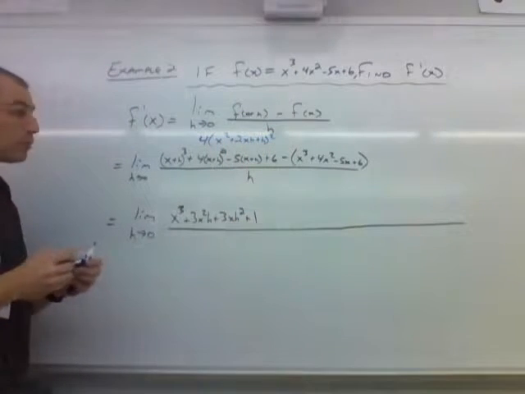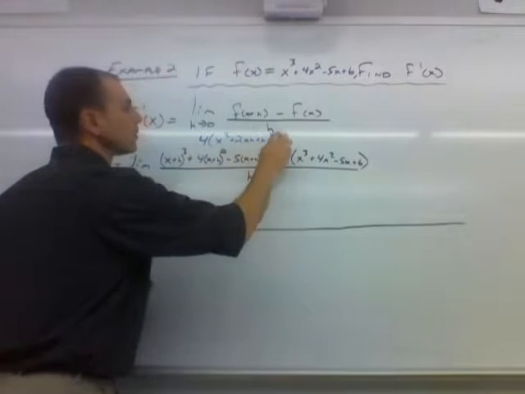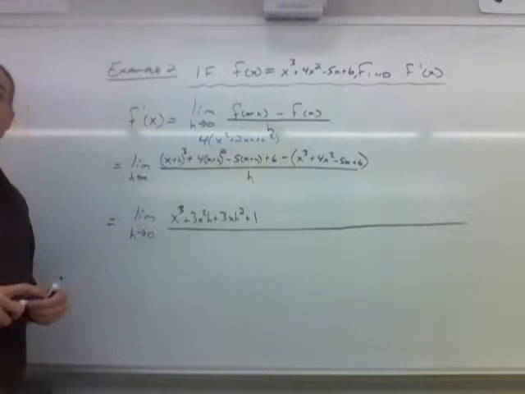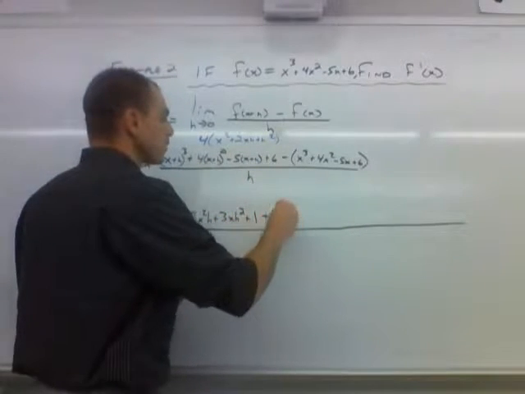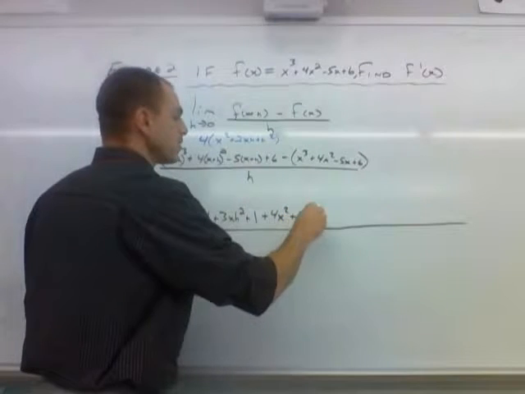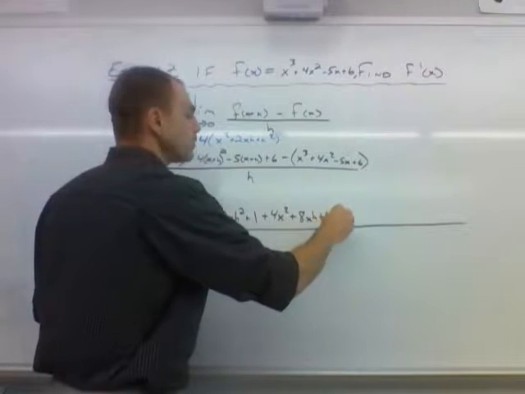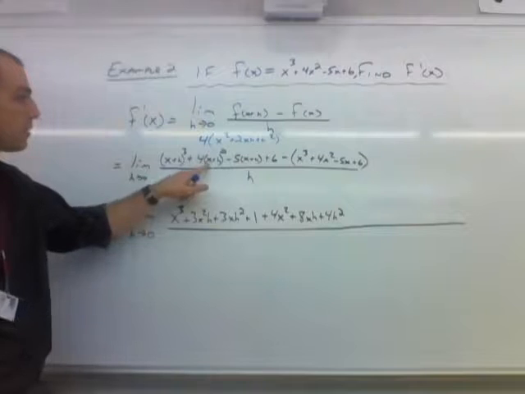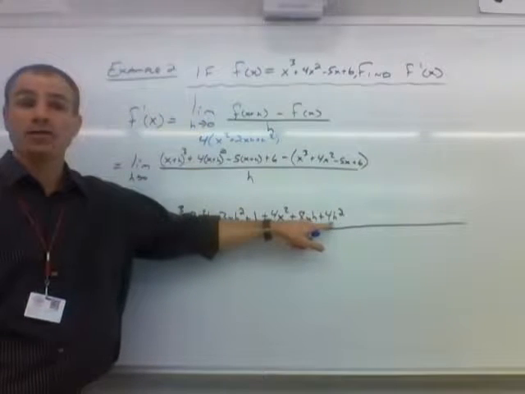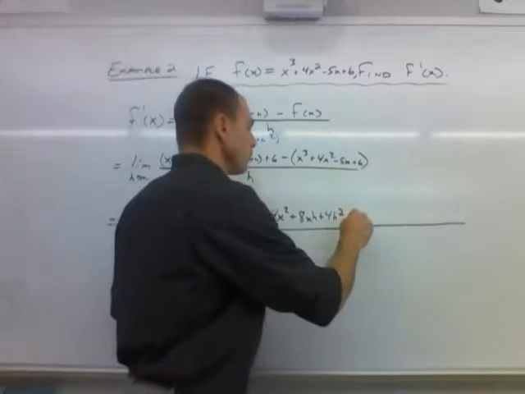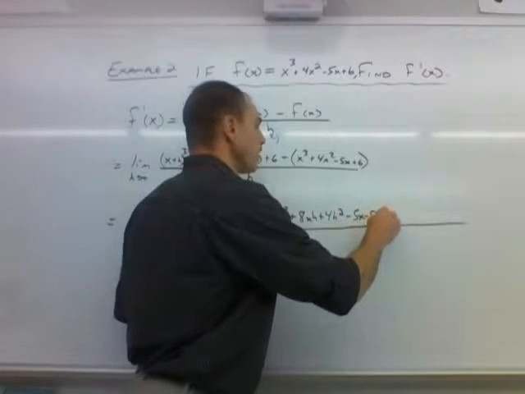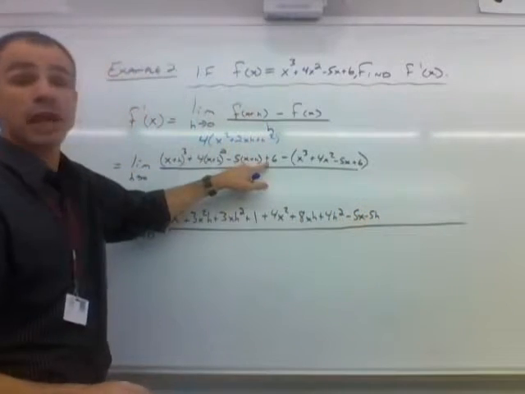So when we distribute the 4, we're going to have 4x squared plus 8xh plus 4h squared. So this second term turns into that trinomial. Then we distribute the minus 5, so minus 5x minus 5h, and we still have our plus 6.